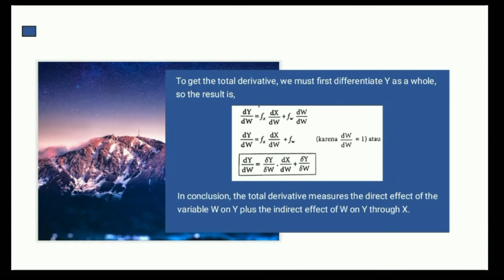Or dy/dw is ∂y/∂x multiplied by dx/dw plus ∂y/∂w. In conclusion, the total derivative measures the direct effect of the variable w on y plus the indirect effect of w on y through x.